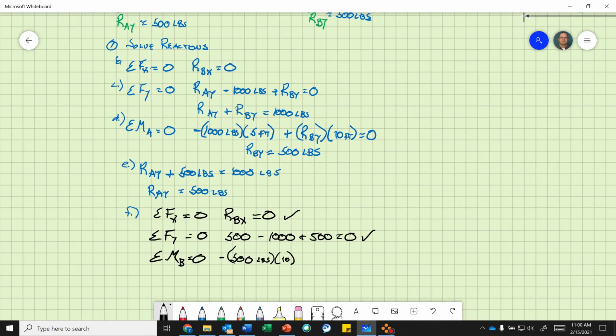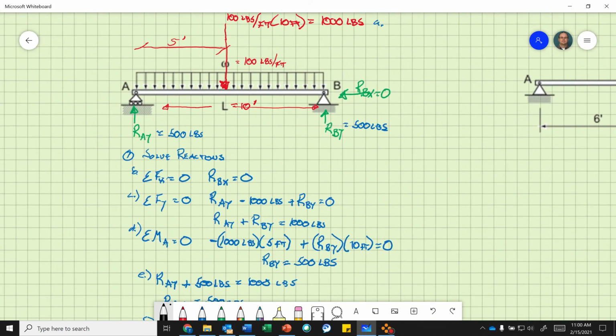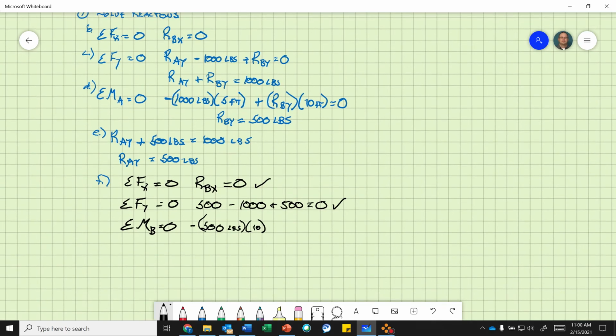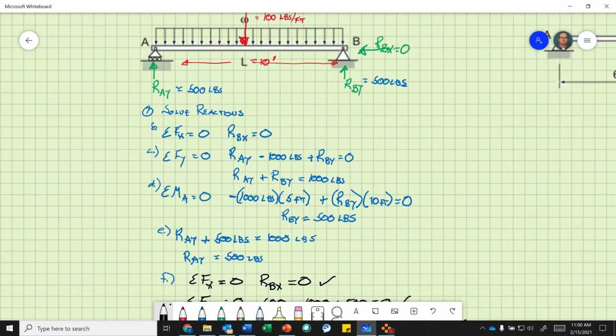And then the point load of 1,000 pounds is going counterclockwise around point B, so that's a positive rotation, plus 1,000 pounds, and that distance is 5 feet, and that does equal 0. So we're good.